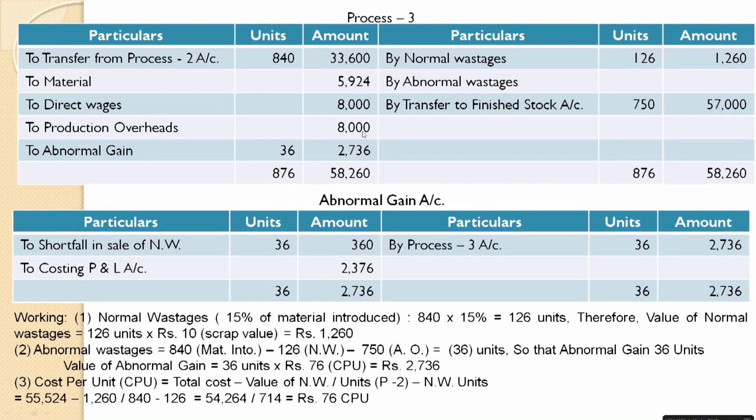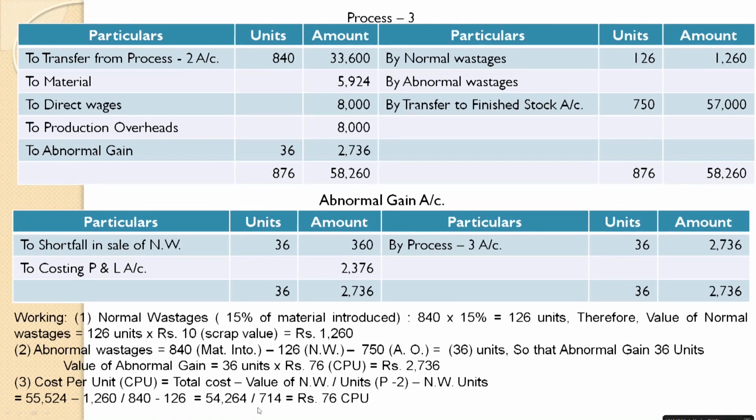So, the total of these first 4 items comes to 55,524, minus the normal wastage value, that is 1,260 rupees deducted from it, divided by how many units were introduced in this process 3, that is 840. How many normal wastage units were there? 126. So, 840 minus 126.